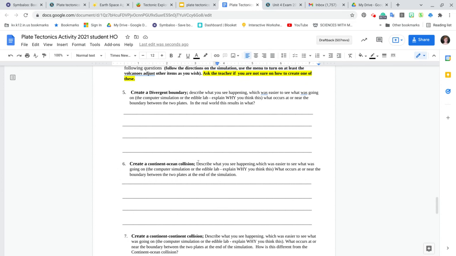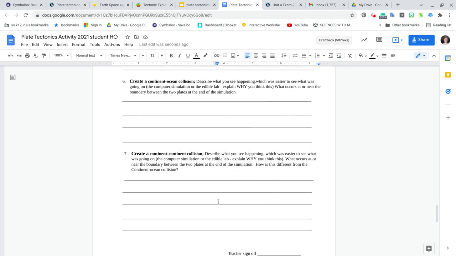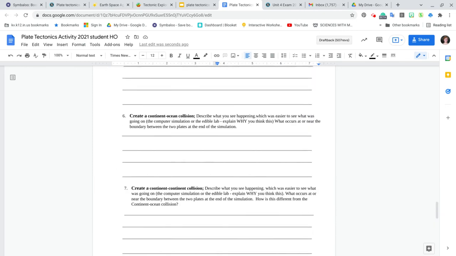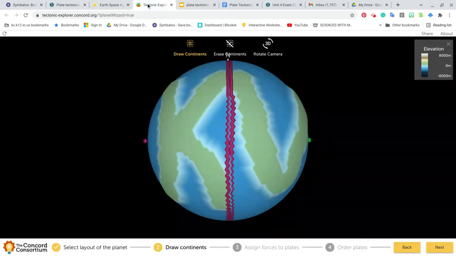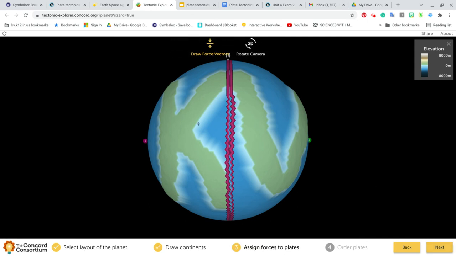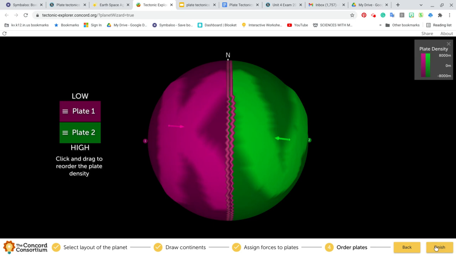Continent versus ocean. Continent versus continent. Okay. Collision means they're going together. Next. That way. You're going that way. Next.